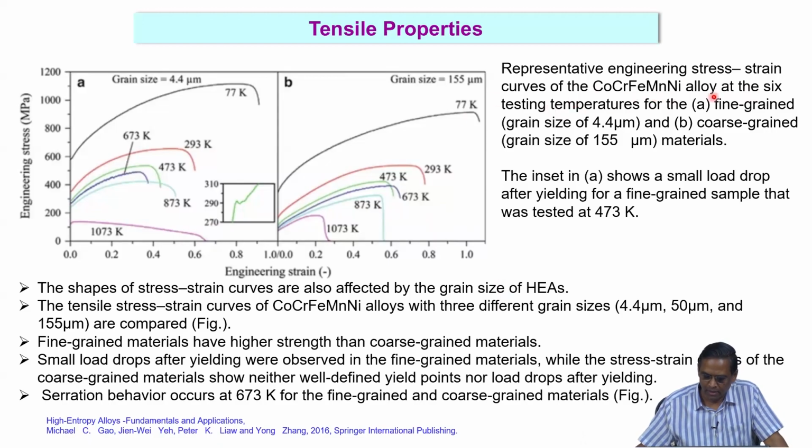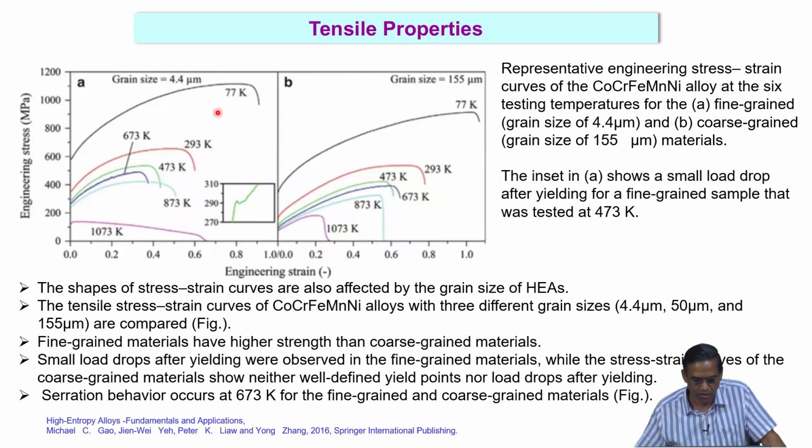So, we look at the other alloy system, cobalt, chromium, iron, manganese, nickel alloy, with 6 testing temperatures with fine grained and coarse grained materials. This is quite interesting: tests done at different temperatures as well as different grain sizes, a very interesting combination. What you are looking at are the stress strain curves of cobalt, chromium, iron, manganese, nickel alloys with 3 different grain sizes, 4.4 micron, 50 micron and 155 micron.